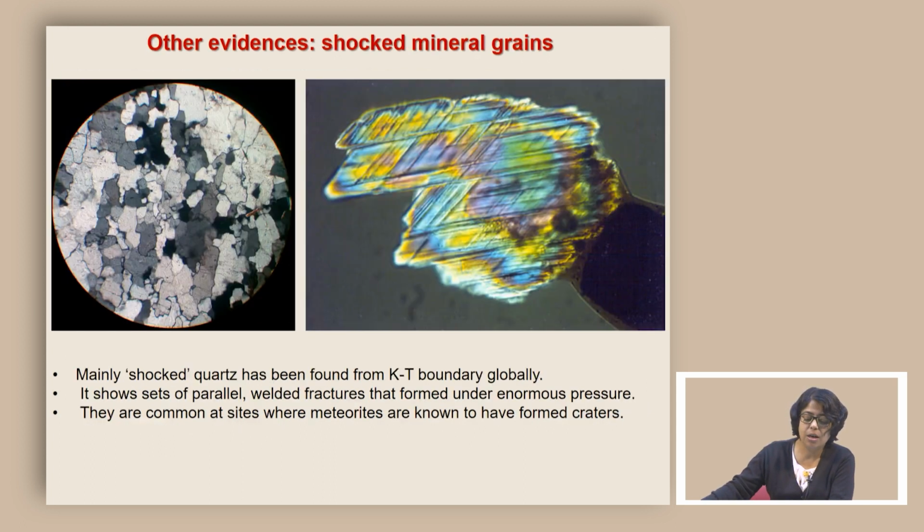Another evidence comes from a mineral grain, and the mineral name is quartz. If we make a thin section of this quartz and look at it under a microscope, it looks something like this.